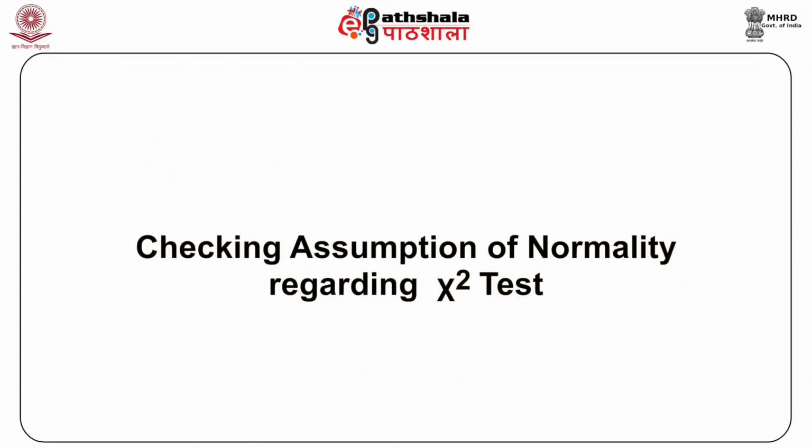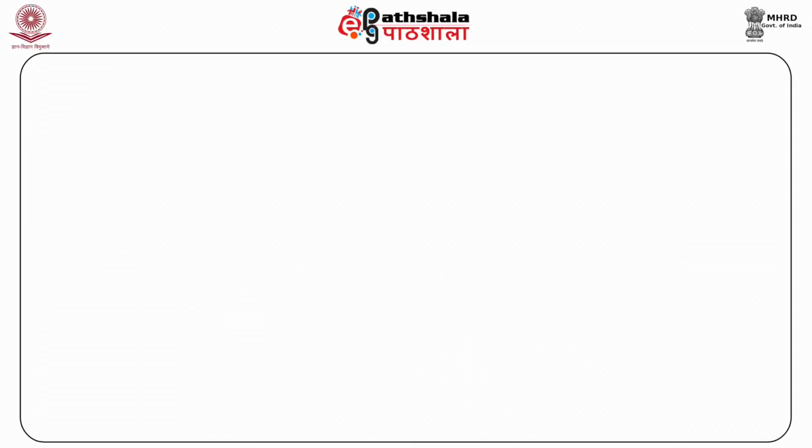Check the assumption of normality regarding chi-square test. In our earlier modules, we learned that many distributions such as t and F distributions are based on the theoretical requirement that the population sampled must be normally distributed. Similarly, the chi-square test on a single population variance, sigma 0 square, is also very sensitive to the assumption of normality.